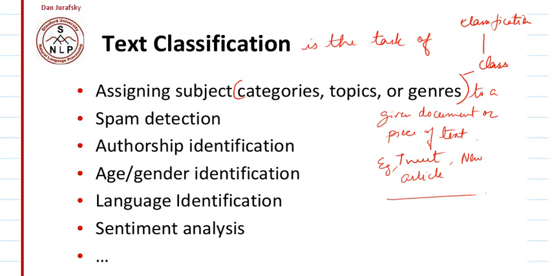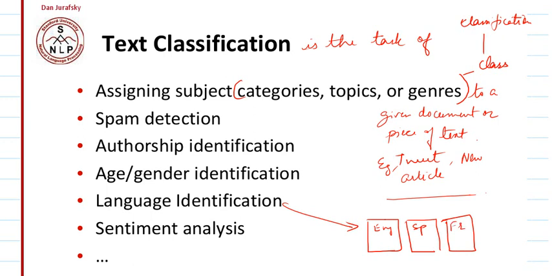There are different applications, and language identification is another one. Different documents are written in different languages. This is written in English, this is written in Spanish, this is written in, say, French.